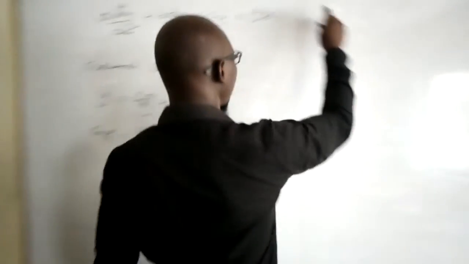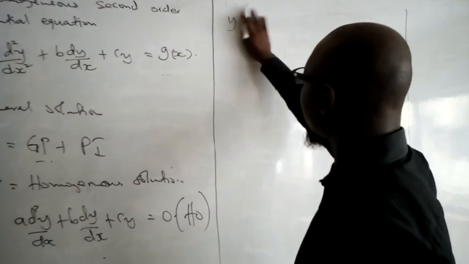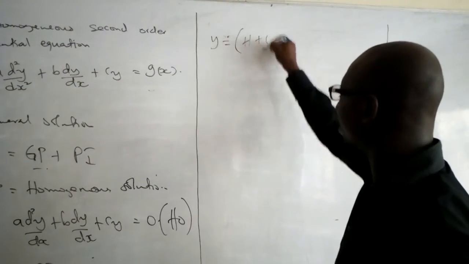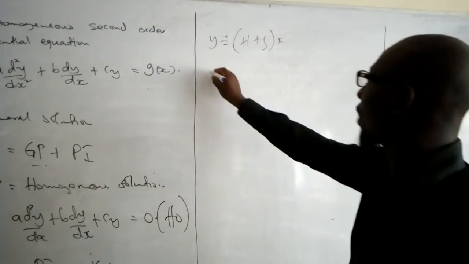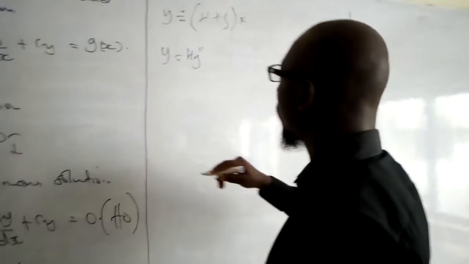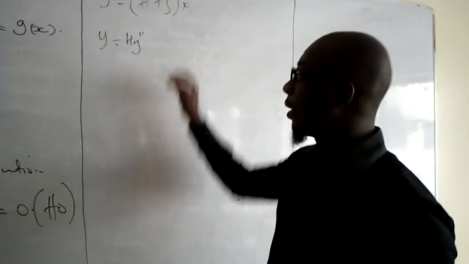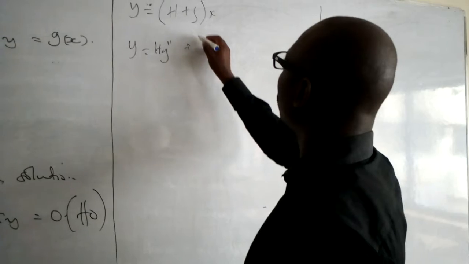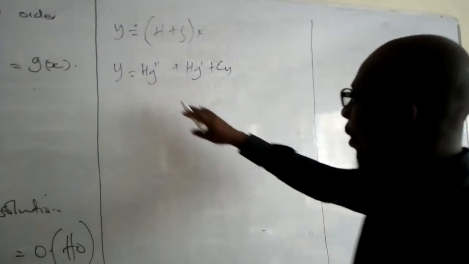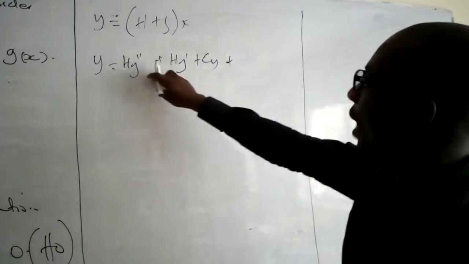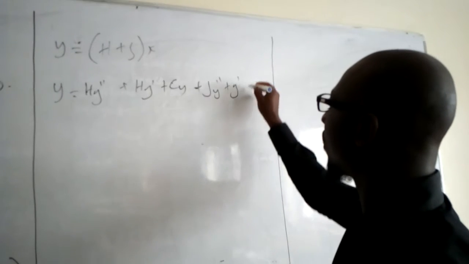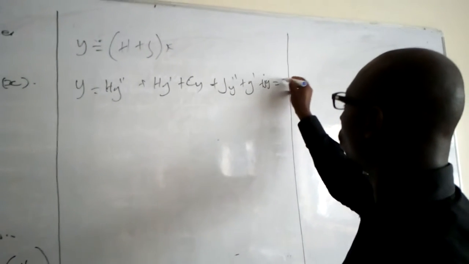So y is equal to h plus j of x, which can be expressed as: a times the second derivative of h plus b times the first derivative of h plus c h, plus, now adding the particular solution, a times the second derivative of j plus b times the first derivative of j plus c j, to be equal to g of x.